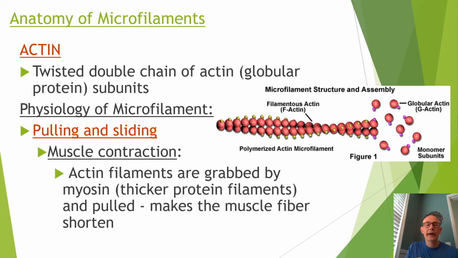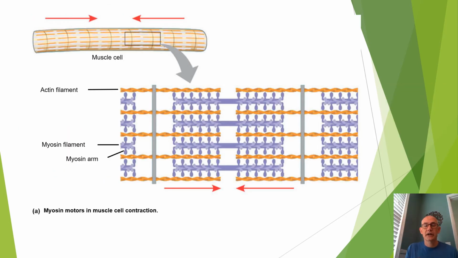And what happens in muscle contraction, you have two proteins. You have the actin filaments, then you have a thicker, bigger protein that is called myosin. And together, these work to pull the muscle cells shorter, and that's the basic process of contraction.